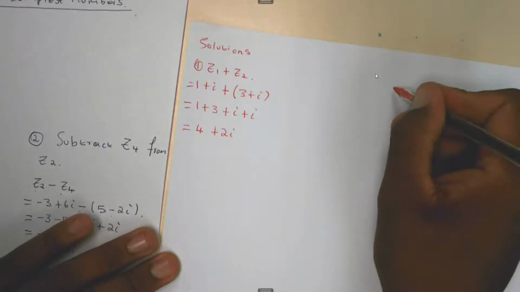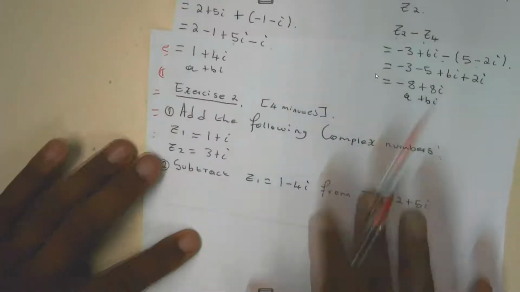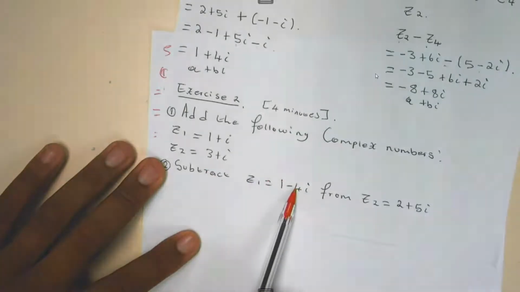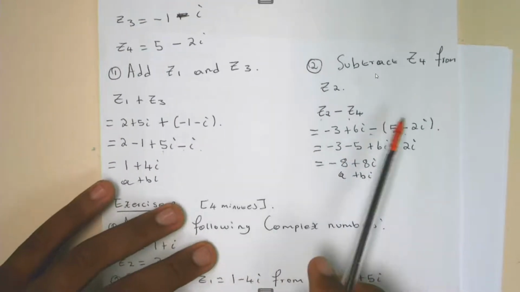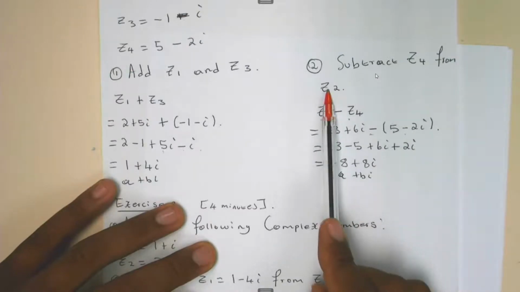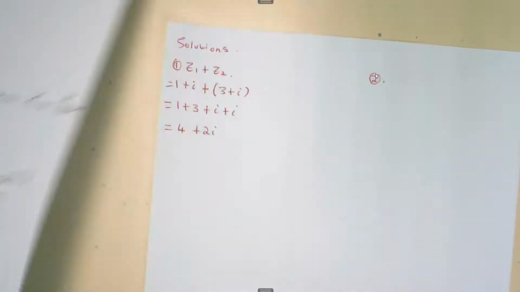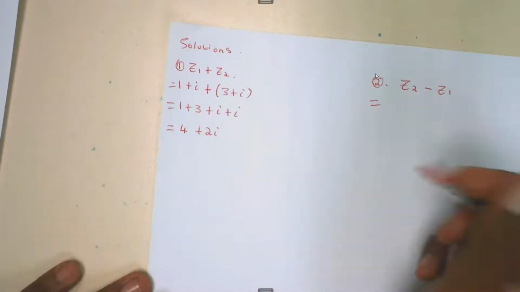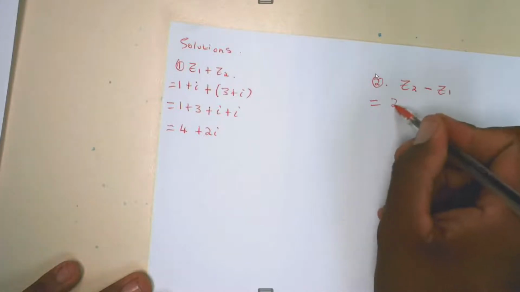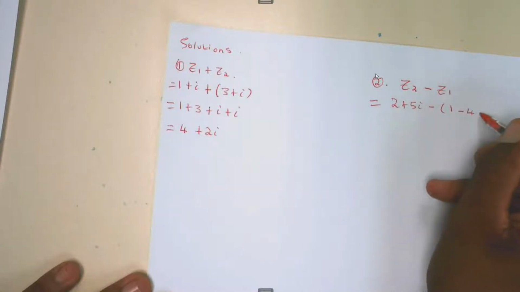And for number 2, the question said, subtract Z1 from Z2. Remember what we did here. Subtract Z4 from Z2, so it will be Z2 minus Z4. So when we subtract Z1 from Z2, it will be Z2 minus Z1, which will be our Z2, 2 plus 5i, minus 1 minus 4i.